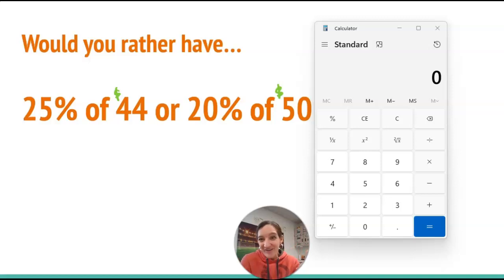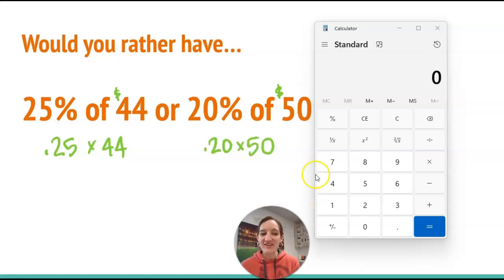Well, if you have a calculator, it's going to be pretty quick because you can take 25% and times it by 44, and you can take 20% and times it by 50, and you'll have your answer rather quickly. Put it in our calculator, 0.25 times 44, that gives you $11.